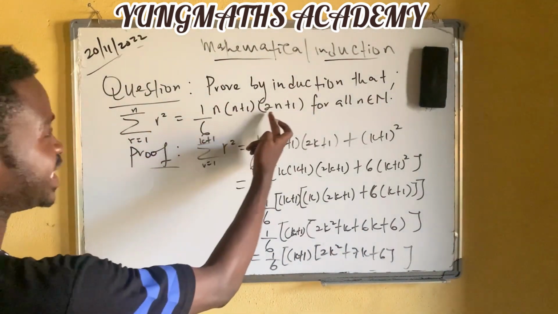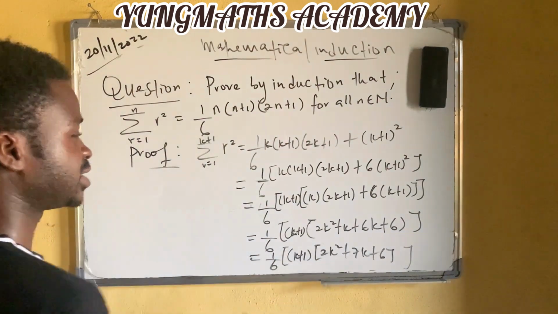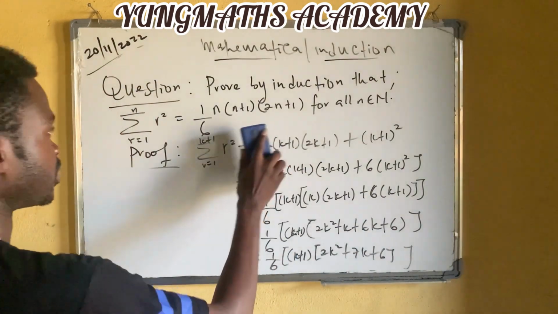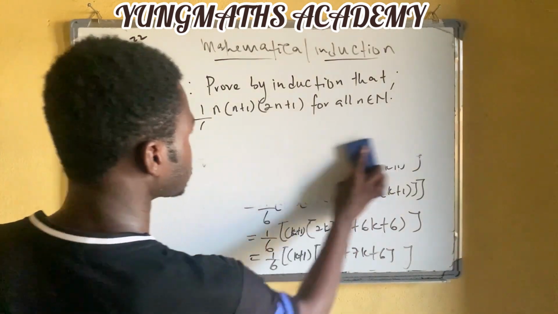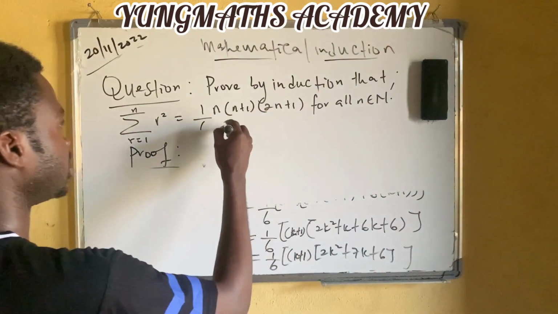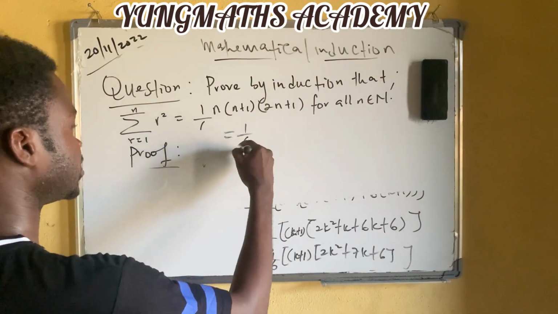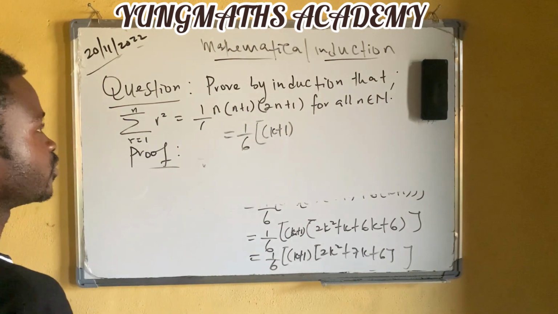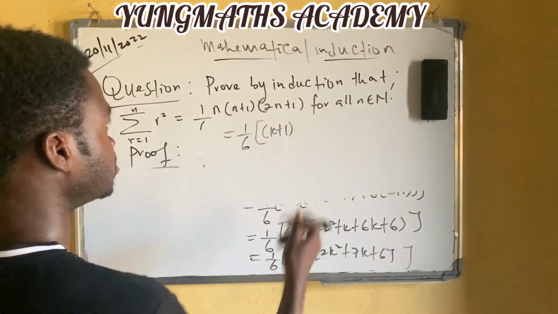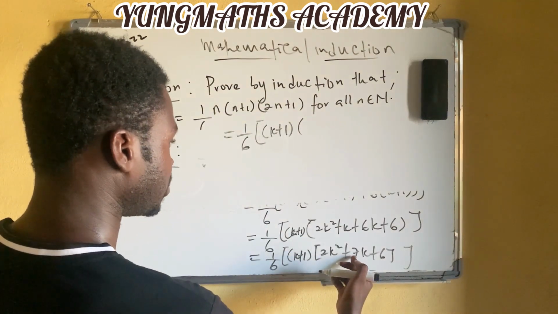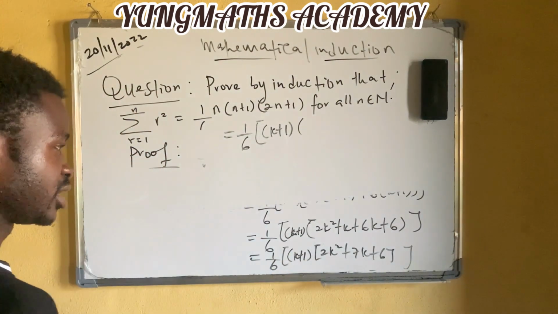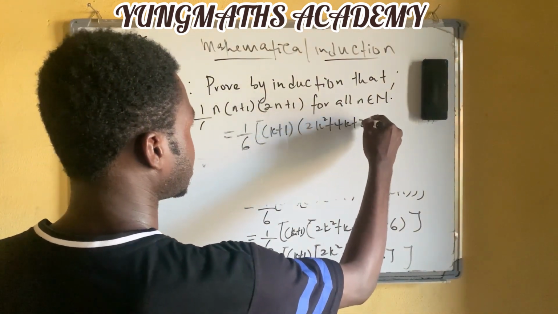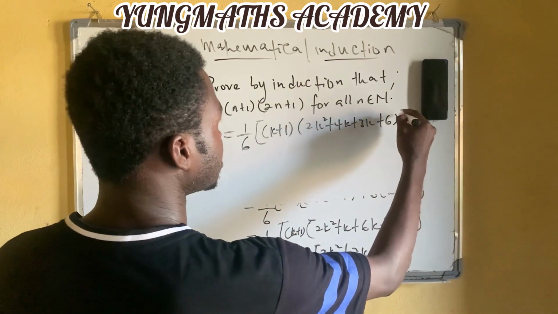Now I want to express it in this form, so I will have to factorize this. This is a quadratic expression here. So I have 1 over 6, k plus 1, and if I factorize this, it will be 4k plus 3k. So I have 2k squared plus 4k plus 3k, then plus 6, just this way.